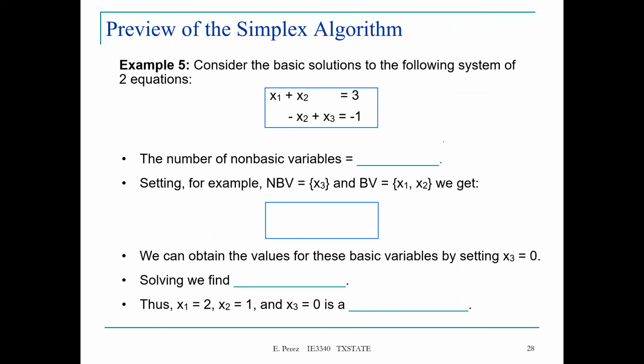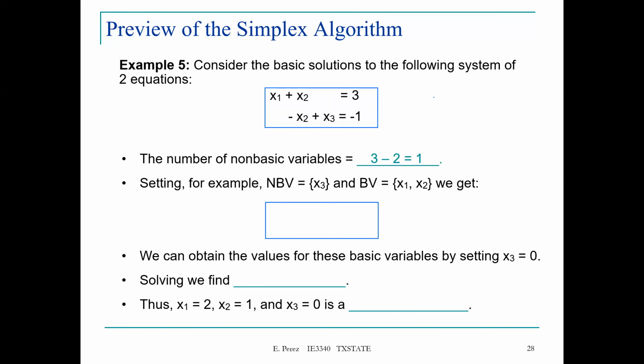So example 5: consider the basic solutions for the following system of two equations: x1 plus x2 equals 3, and minus x2 plus x3 equals minus 1. The number of non-basic variables is going to be equal to 3 minus 2. So we have three decision variables and two equations, so 3 minus 2 equals 1.